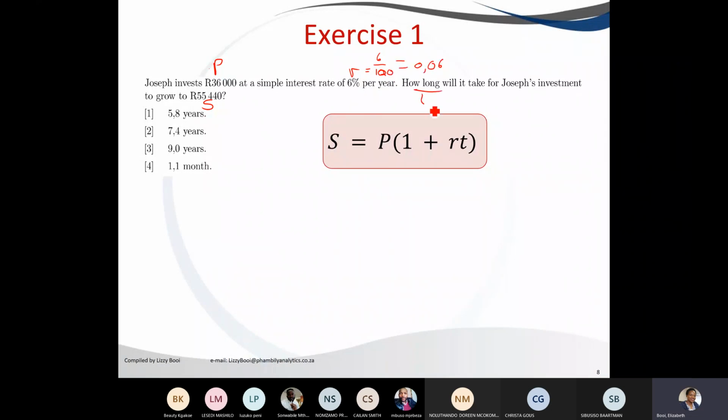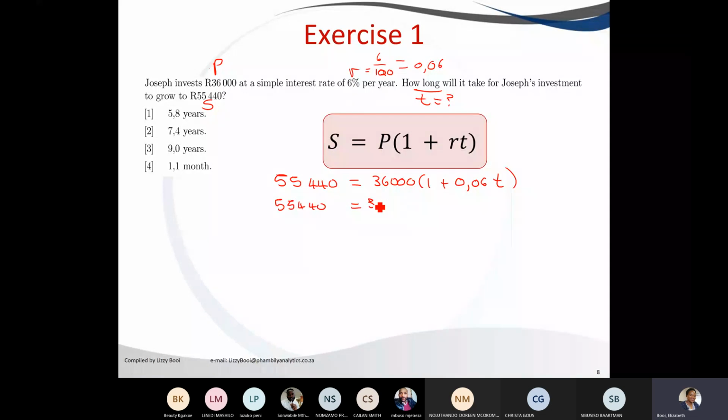And we said we are looking for T, and we substituted into the formula. 55,440 equals our present value of 36,000 times (1 plus our rate of 0.06 T). We said we're going to remove the brackets by multiplying by 36,000. So the 55,440 stays. Then 36,000 times 1 is 36,000.